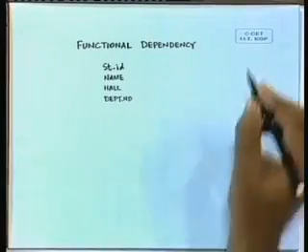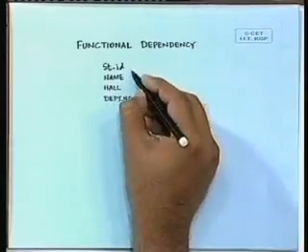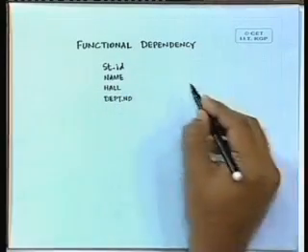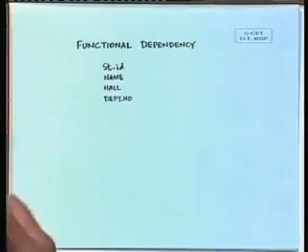Let us say we have the student ID as the key, and from an entity relationship diagram it may look like this.